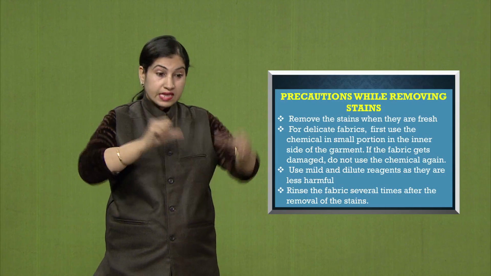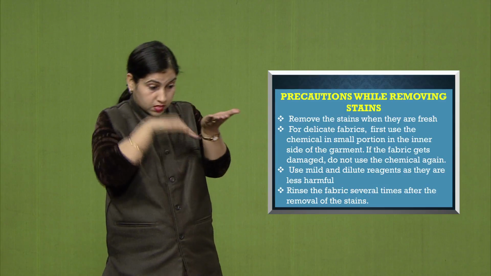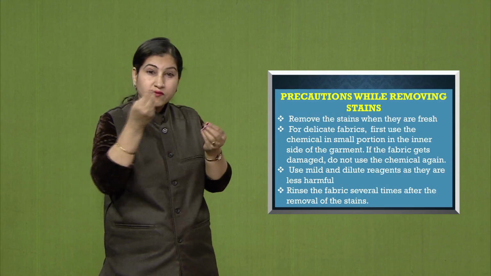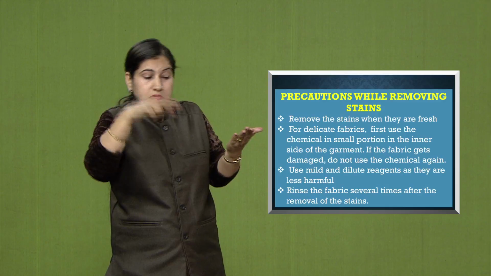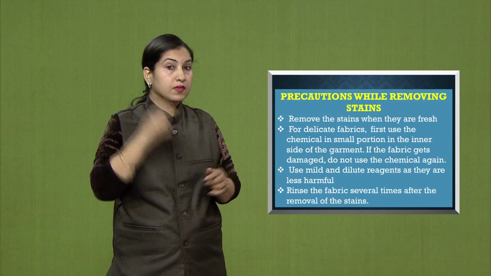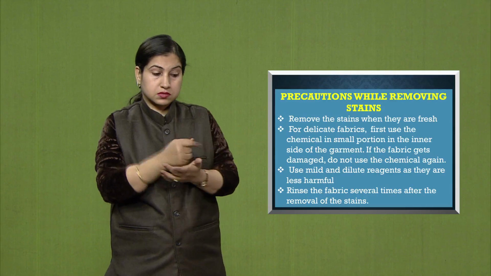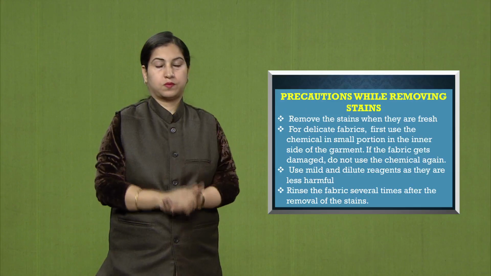Second, first try out the chemical on a small portion of the fabric, on the inner side of the seam or some portion of the garment which is not visible when worn. In case the fabric or its color is getting damaged, you must not use the chemical.